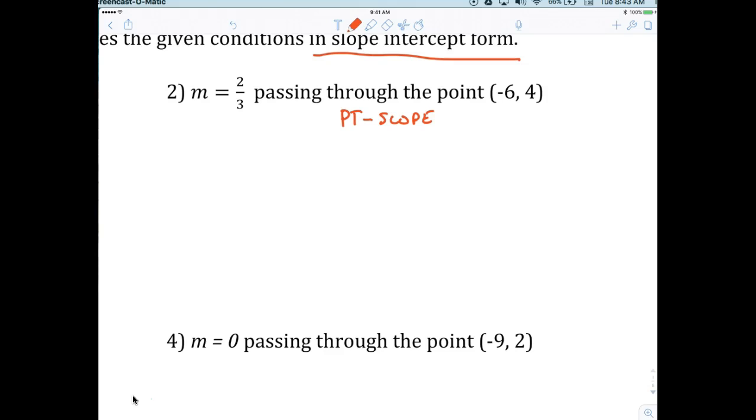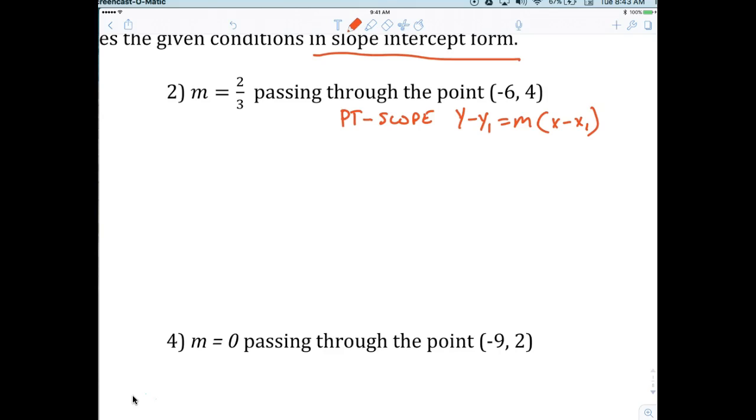All right, listen to me, because again, I don't know where the confusion is. There's a point and a slope, so we should use point slope, right? And the point slope form was y minus y1 equals m times x minus x1, right? And again, that is just the slope formula, Connor.